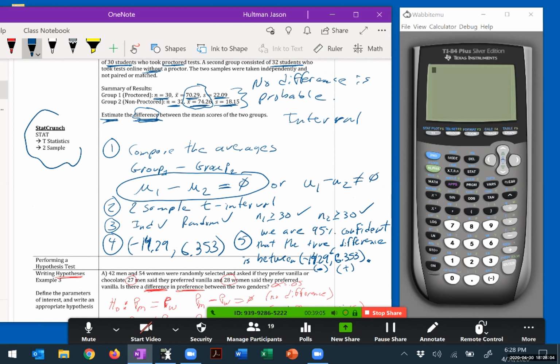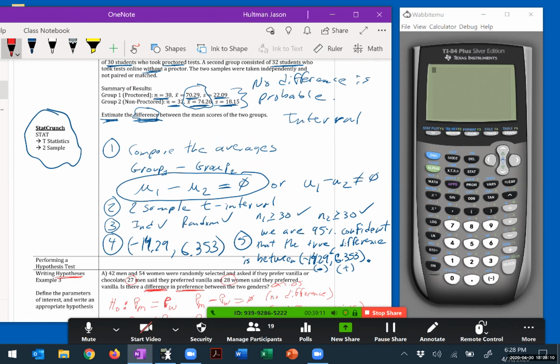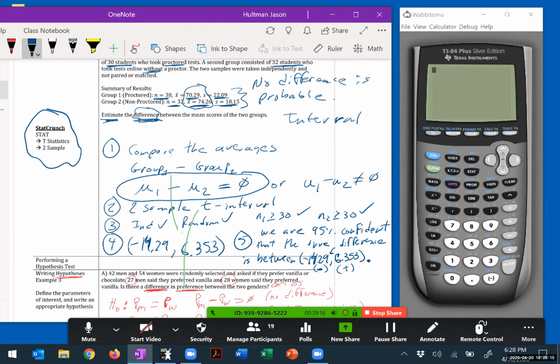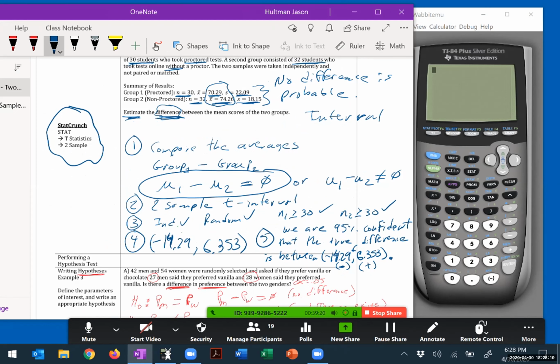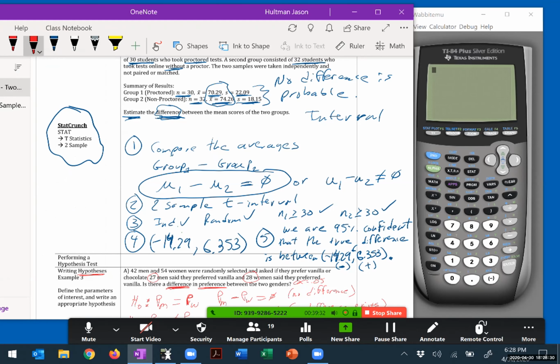Okay, StatCrunch. I do like this better. Move this over a little bit. Let's go to StatCrunch real quick.